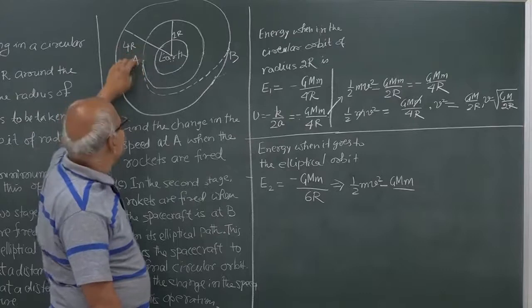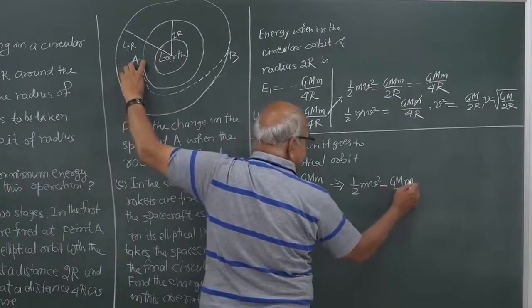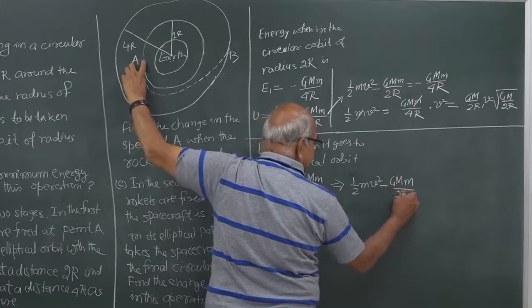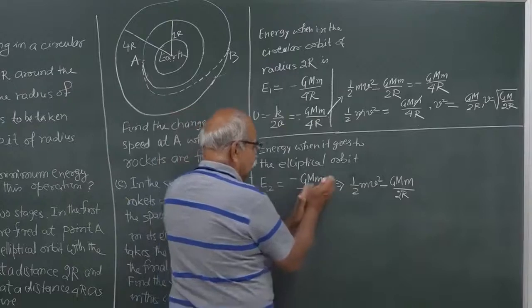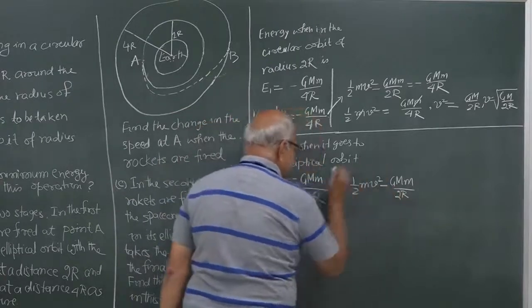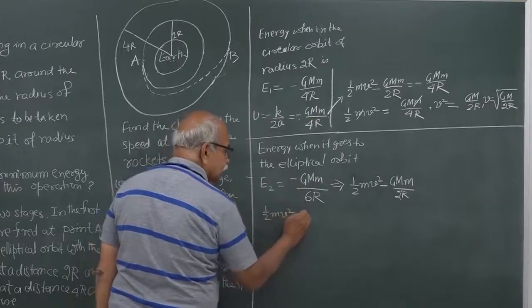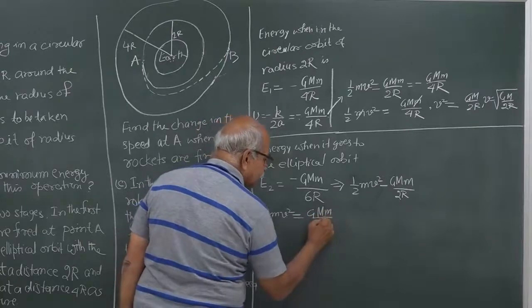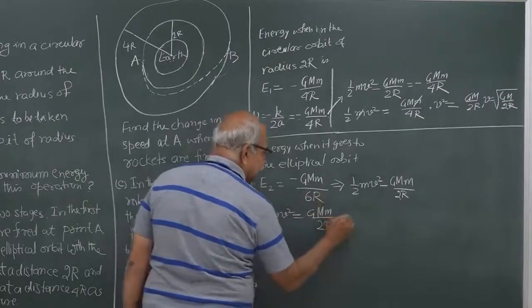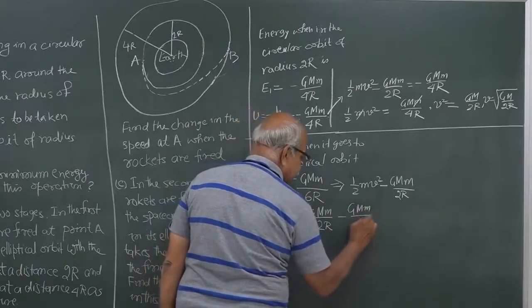So the potential energy remains the same, minus GMm by 2r, and this is the total energy, equal to minus GMm by 6r. So what is half mv square? Half mv square is equal to GMm over 2r minus GMm over 6r.